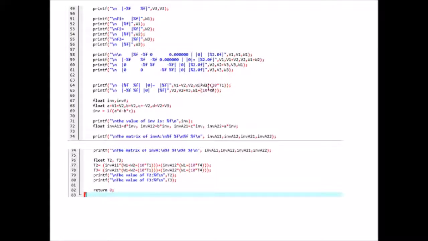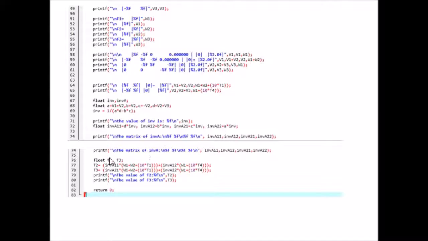Then the matrix, and the last is the formula for the inverse: A is V1 plus V2, B is negative V2, C is negative V2, and D is V2 plus V3. Then we print the inverse matrix.